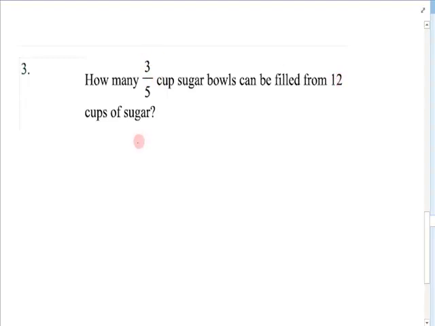So it's division again. So X is the number of sugar bowls that can be filled.